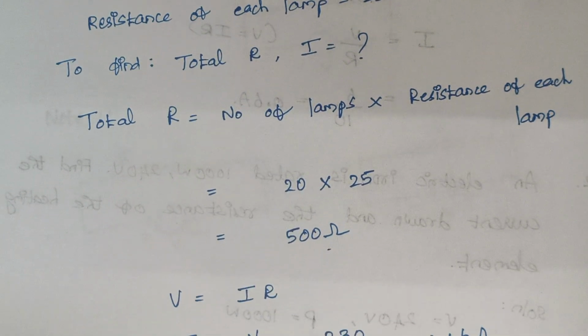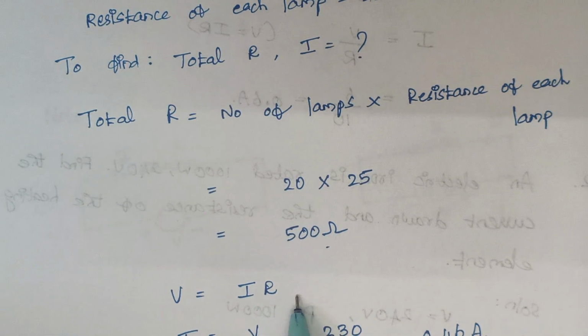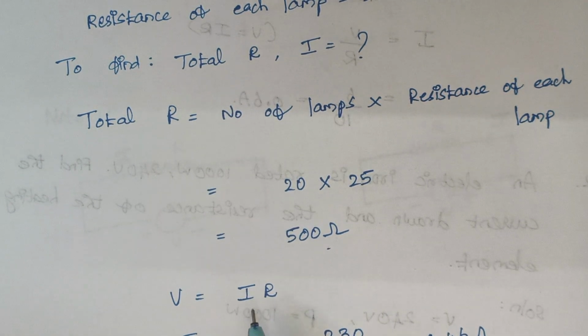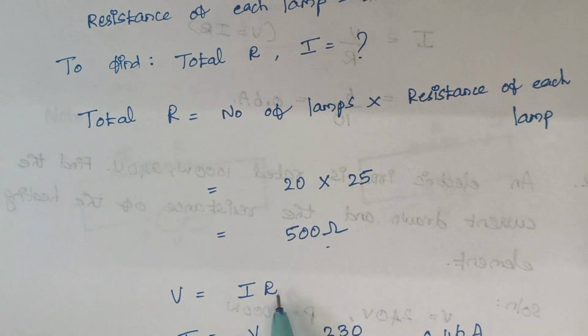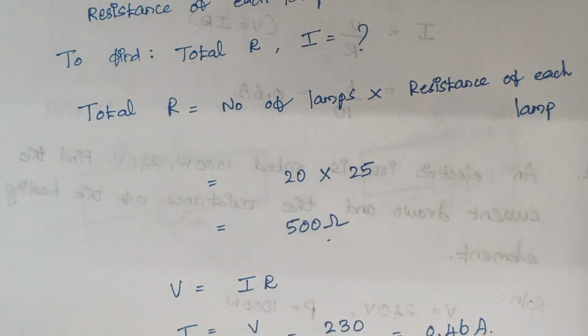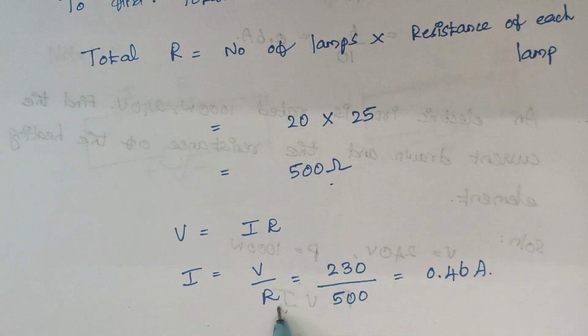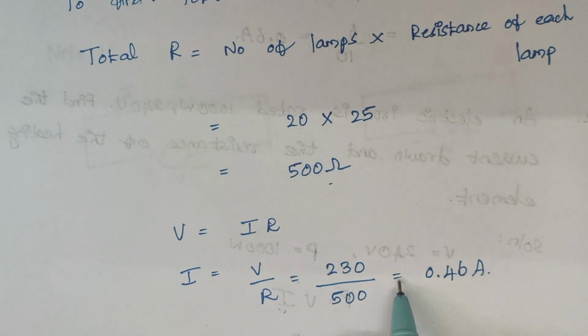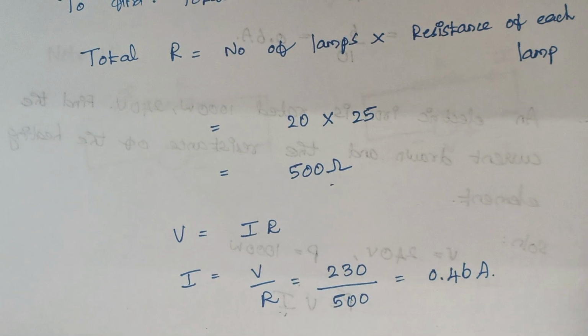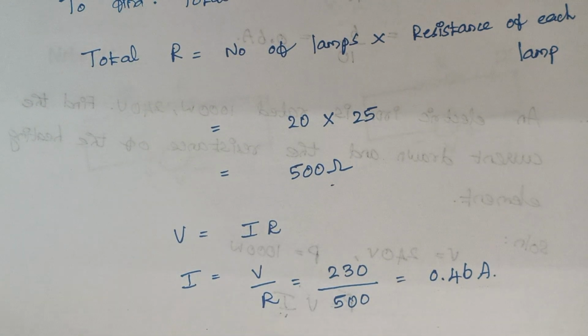Ohm's law is given by V equals IR. So the value of I can be calculated as V divided by R. You can move R to the left hand side. You know the value of V and the value of R, so just substitute them and you end up with the answer of 0.46 amps.